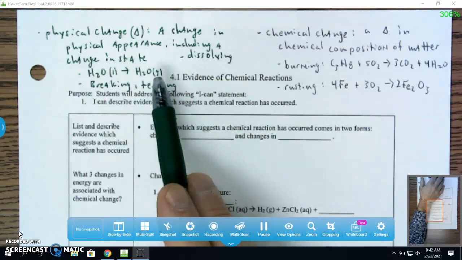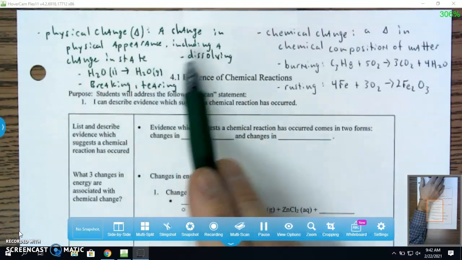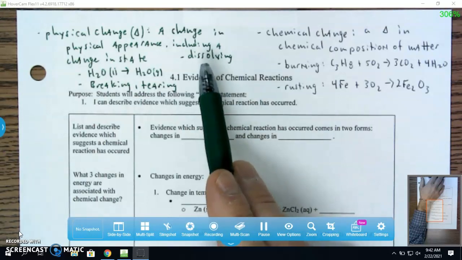Some other examples of physical change would include breaking or tearing. And also, this is one that's tricky for students. Dissolving is also an example of a physical change. Here's the reason why. The general test that you do to figure out if it's physical versus chemical is to ask yourself, is there something that I could do to undo that process or to recover the original components of the reaction?